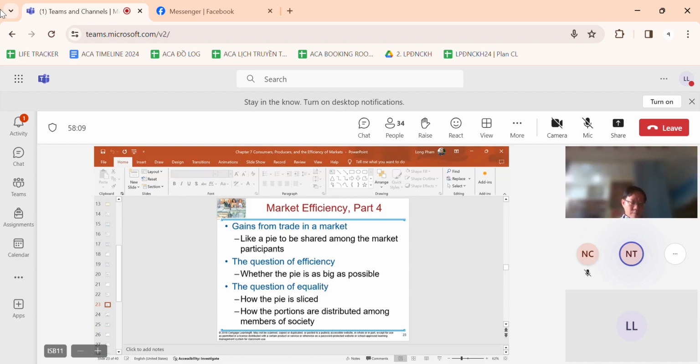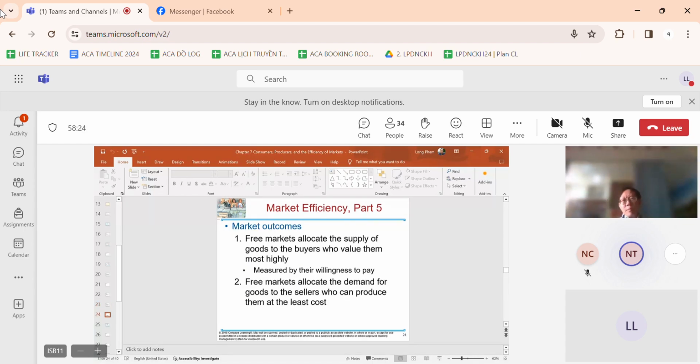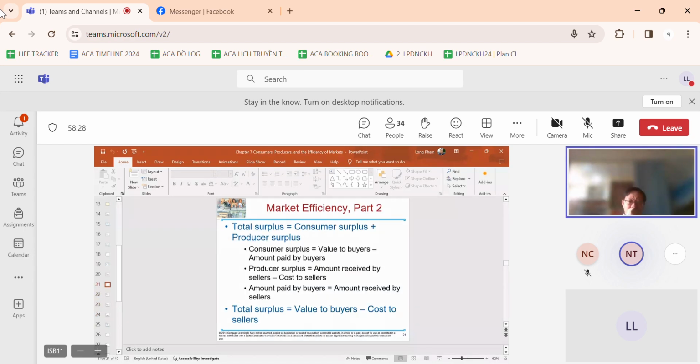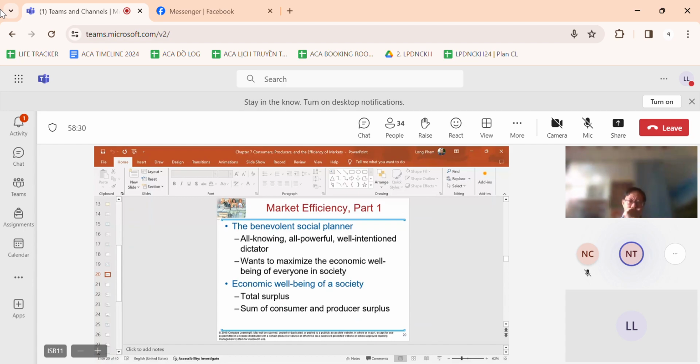One way to measure the efficiency of the market is to look at the consumer surplus. Consumer surplus is the difference between the maximum amount a consumer is willing to pay for a good and the price they actually pay.